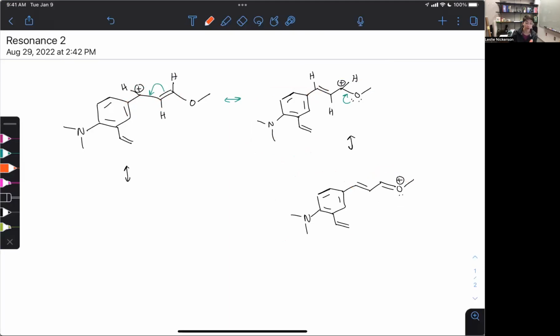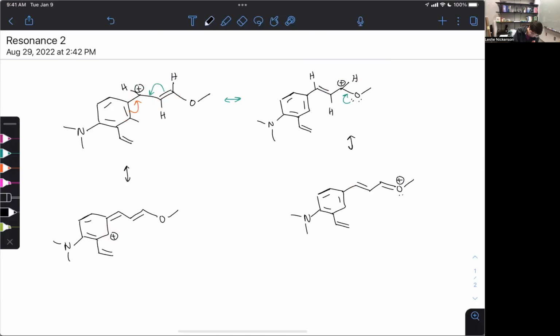I'm going to use orange for this one. So I could have also gone that way. I could have taken one of the double bonds in the ring here and used that. That means I'm going to have my positive charge right here, because this is the carbon that I took electrons away from.